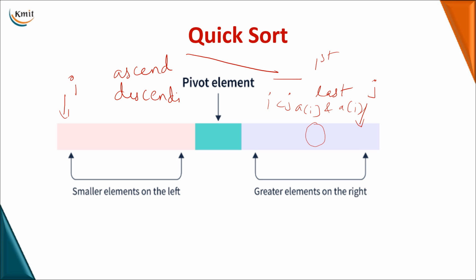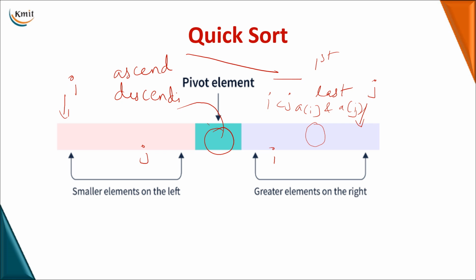In due course of incrementing i and decrementing j, you may get a situation where i crosses the j location. In that case, you swap the element at j with your pivot element.